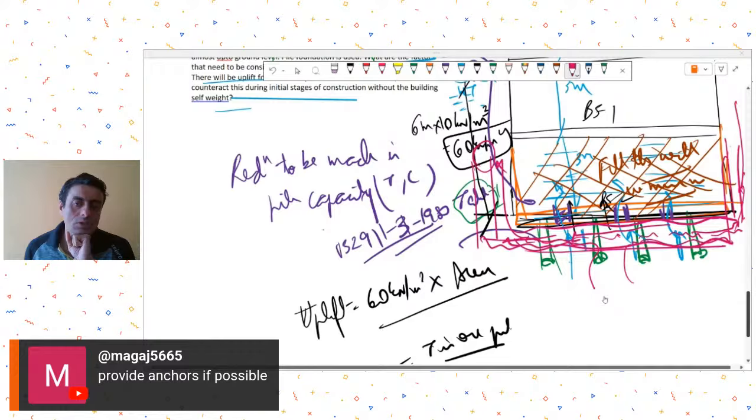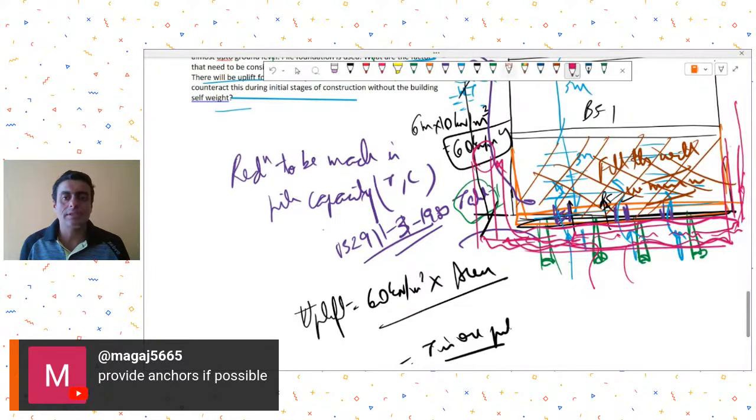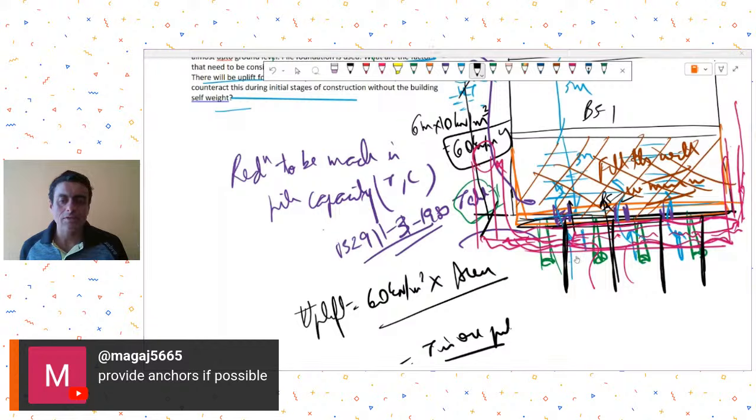Provide anchors also, Mr. Magaji is suggesting. This means in the basement itself provide some anchors. But I think, because your strata is such that you are giving piling, anchors may not be a good solution in this.